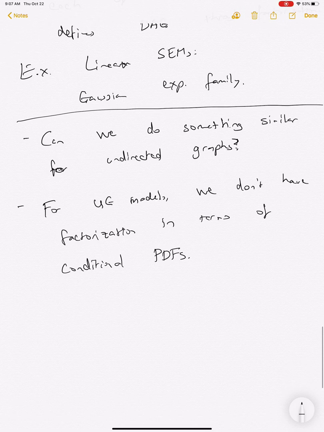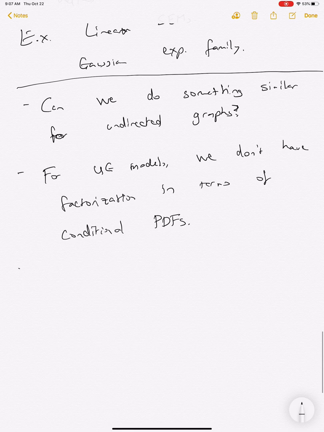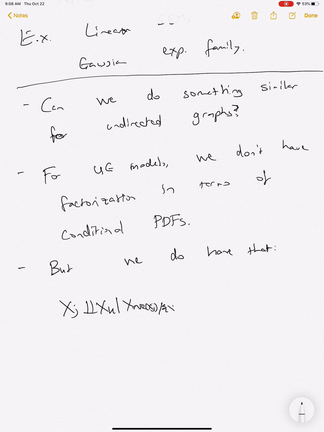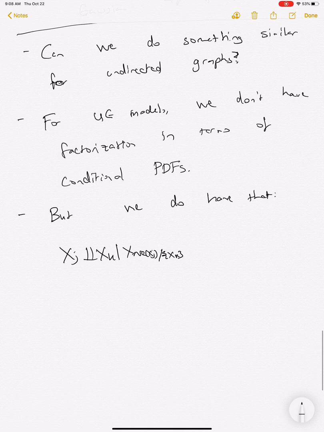But what we do have is that xj is independent of xk given all the neighborhoods, for each j equals 1 to p.